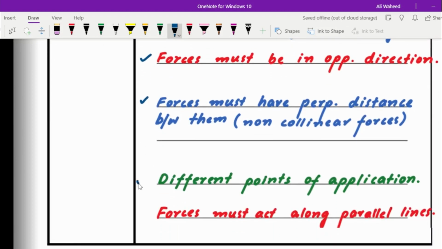So different points of application, the forces must be applied at different points, not at the same point. And the last one, the forces must act along parallel lines. So if the first force is like this, then the second force has to be like this. And matter of fact, if the forces are in opposite direction, then they would be acting along parallel lines.